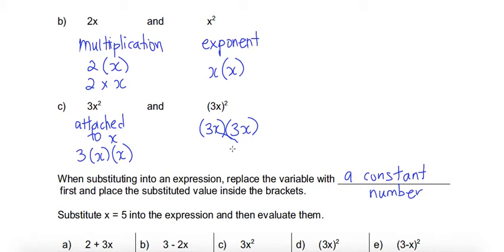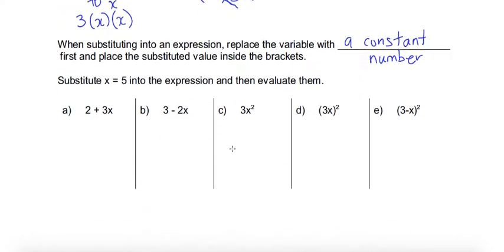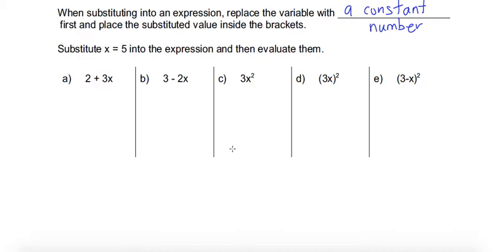So let's take a look at some more examples. We're going to substitute x equals 5 into the expressions below and then solve them. For our first one, good practice shows us that we want to put equal signs in front of my steps to show that the expressions are equal to the original question that we're being asked to solve.